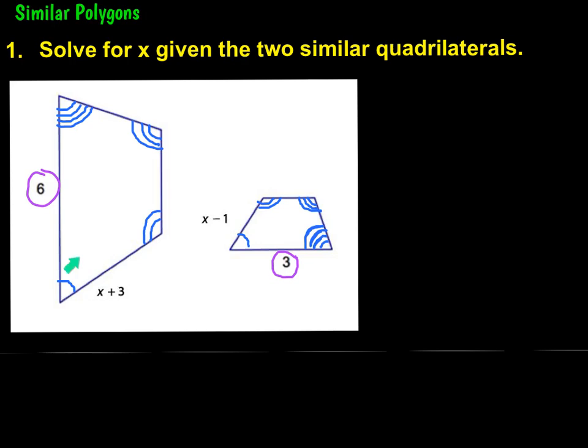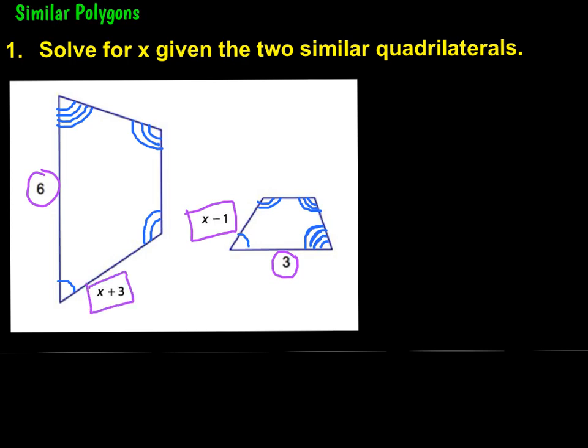If you look here, I have a 1 and a 4. So the length of 6 is between the angles 1 and 4. And here I have 1 and 4, and that goes with 3. So that's an easy way to figure out what goes with what. And then I also know that x plus 1 would have to go with x plus 3.